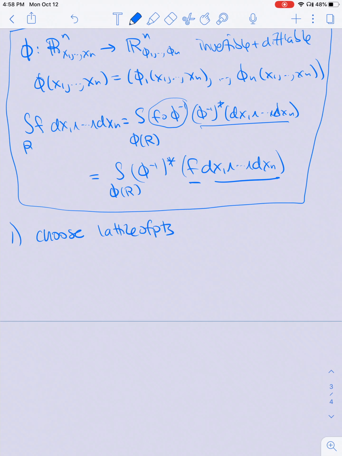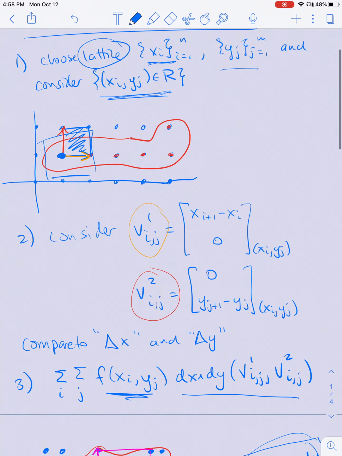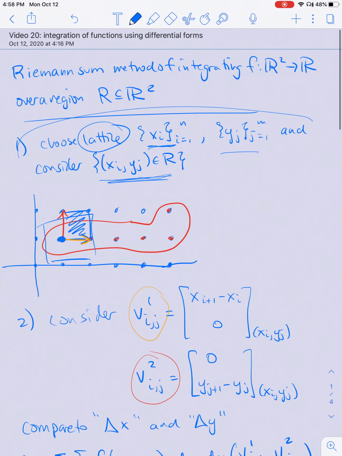So I'm going to choose x_{i1}, where i1 goes from 1 to m1, all the way out to x_{in}, where in goes from 1 to mn. So this is the higher dimensional version of these x's and y's here.